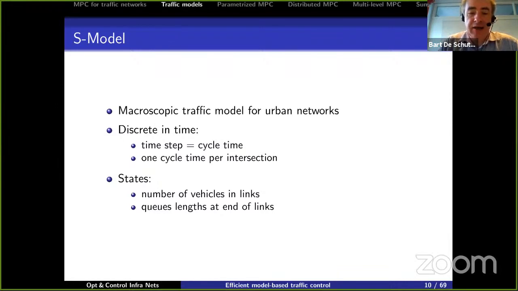During one cycle, the traffic signal will evolve, so the cars will move. We just look at what happens at the beginning of the cycle and what is happening at the end of the cycle, and how these values are related. We also assume that there's one cycle time per intersection, and the states are twofold. We have on the one hand the number of vehicles in each link, and also the queue lengths at the end of the links.